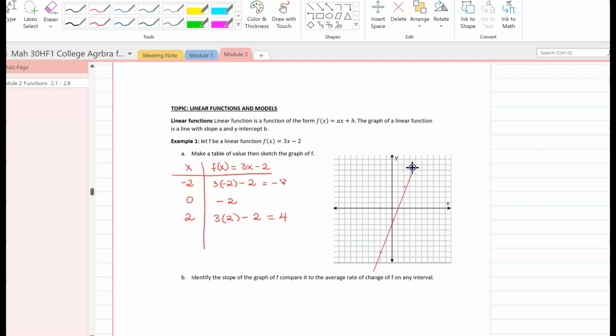I'm going to extend this a little bit. So this is our line.